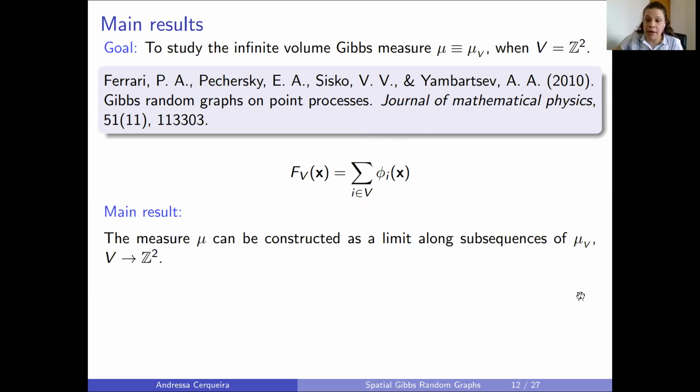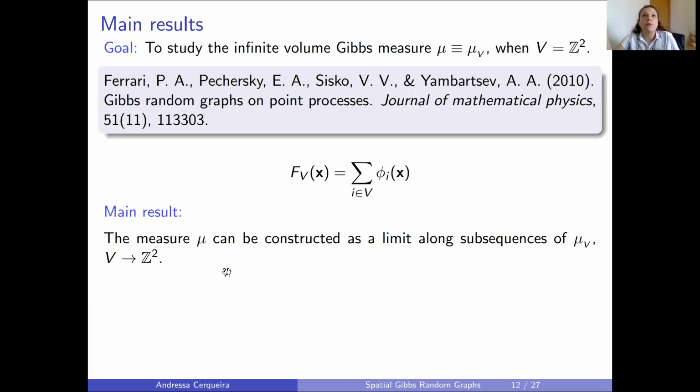So if I take the measure mu of V, I can take, not balls, but squares in Z2, make these squares go to infinity, and then we can construct this measure mu. And what is interesting here is that, suppose that we have an infinite measure. So we have an infinite number of vertices.